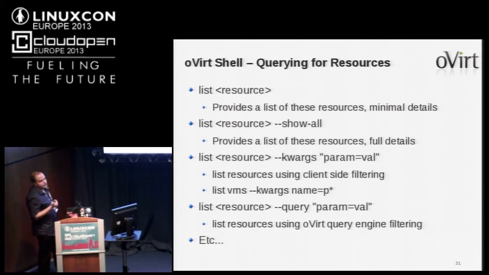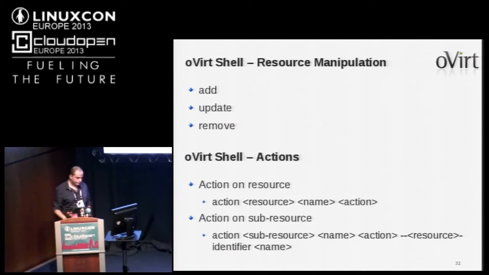You can filter them using either a query at the client side, which means the CLI gets all the information and does the filtering in the client, or send a query to the oVirt engine to filter some objects out, depending on what exactly you would like to do. You can add, update, or remove a resource.